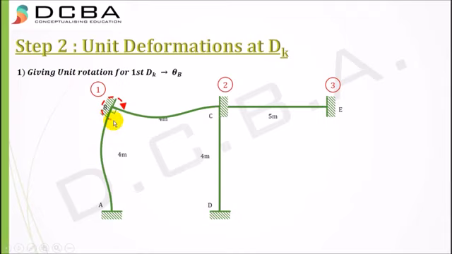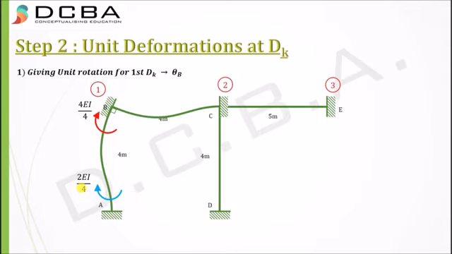So the moment that is required to rotate this joint is given as 4EI by L. So 4EI, and L is 4 for AB. The reaction that is formed at the opposite end is 2EI by L, so it is 2EI by 4. These values you have to remember anyhow, and these are very important values.